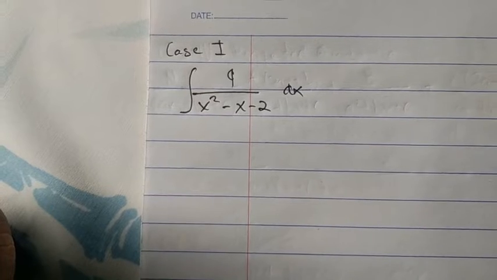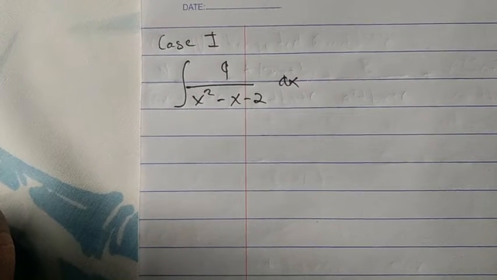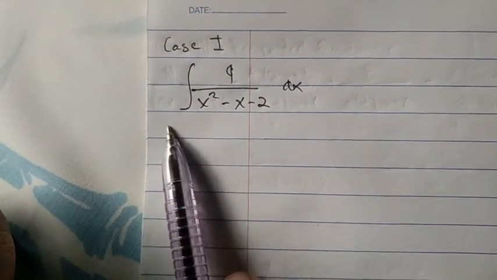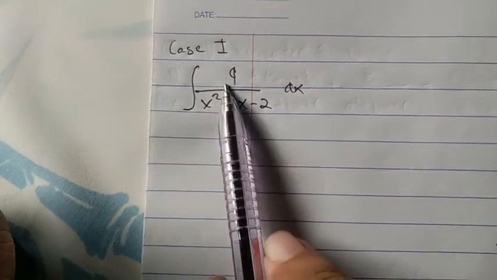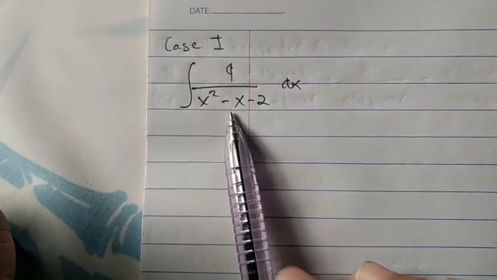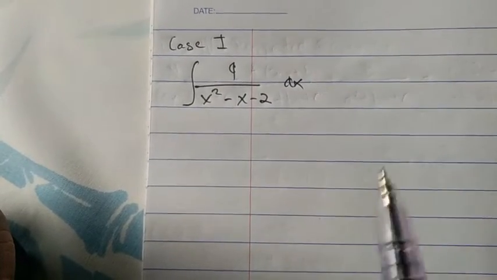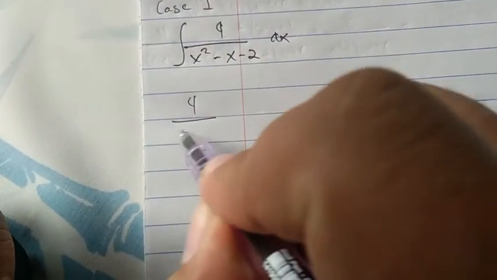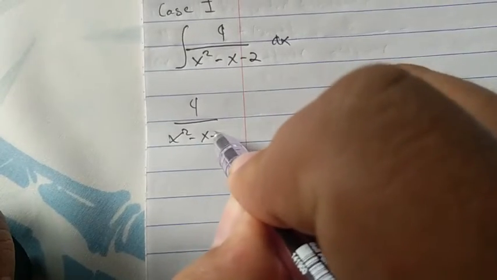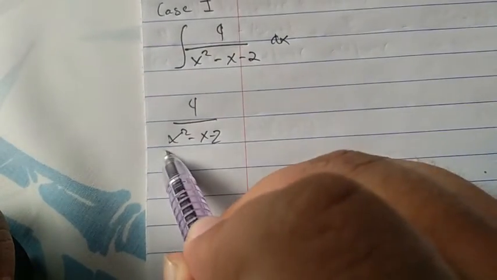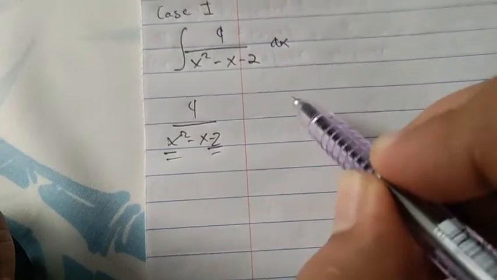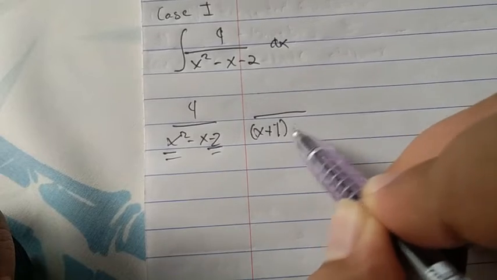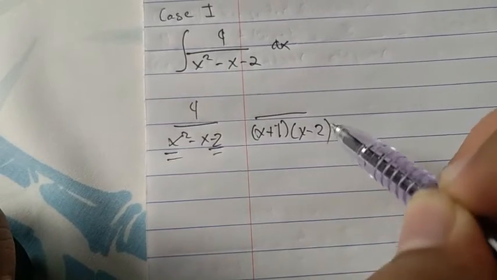So I have some examples here in partial fractions. Case 1, distinct factors. First, we have a problem here: integral of 4 over x squared minus x minus 2 dx. The first thing we do is factor this part: x squared minus x minus 2 becomes (x plus 1)(x minus 2).